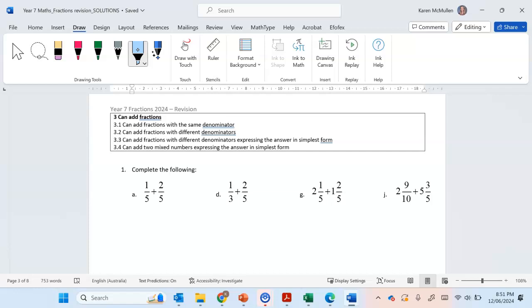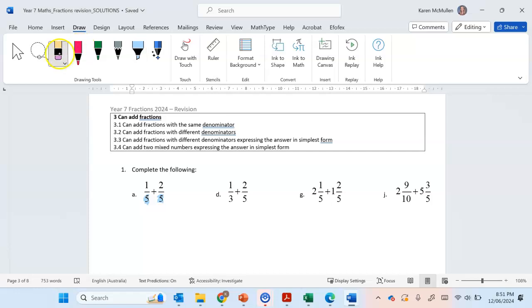But just to make it a little bit more straightforward, it's better to have the same denominators. Now, you only need the same denominators when you're adding and subtracting, not multiplying and dividing. If you're changing the denominators for multiplying and dividing, you're adding an extra step that is not required. Okay, so only when adding and subtracting do you need to have the same denominators.